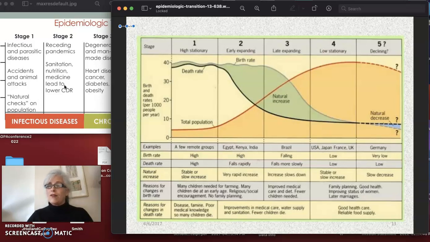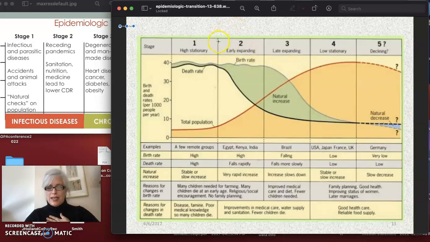Agriculture takes a lot of labor. Early agriculture, like as represented in stage 1, takes a lot of labor, but surplus food can be produced so that it can support a growing population. And so that's what you see here at the very, very end, the transition point between stage 1 and stage 2 on the demographic transition model.